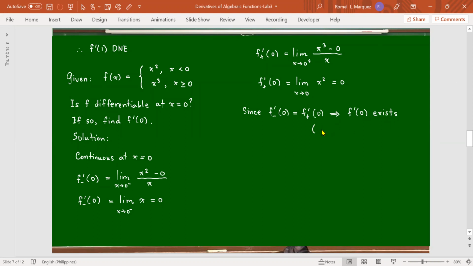What does that mean? f is differentiable at 0, right, guys? Children? Yes, sir. What's the value of the derivative? 0. Get it, guys?